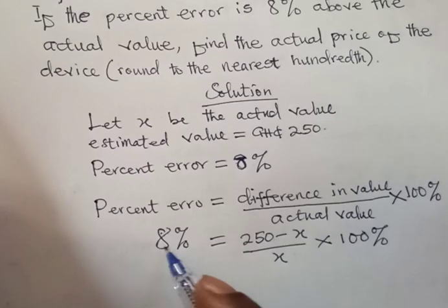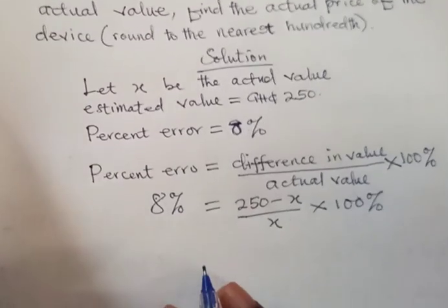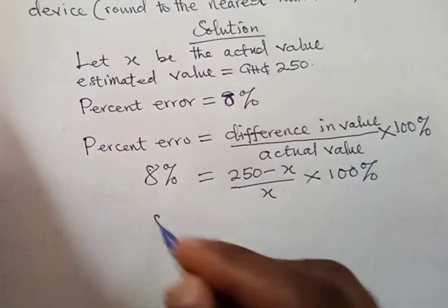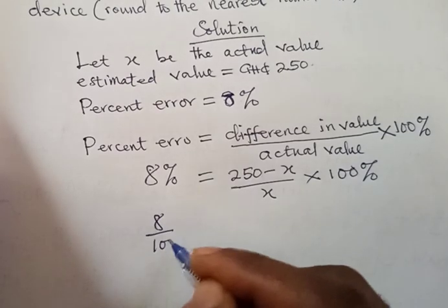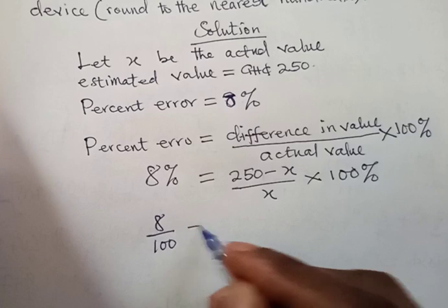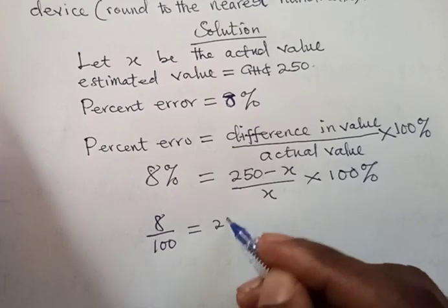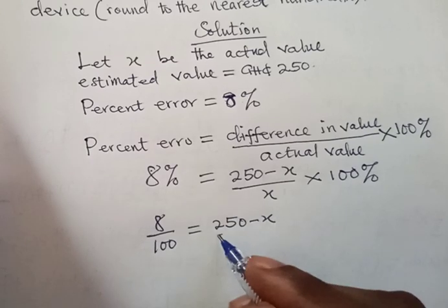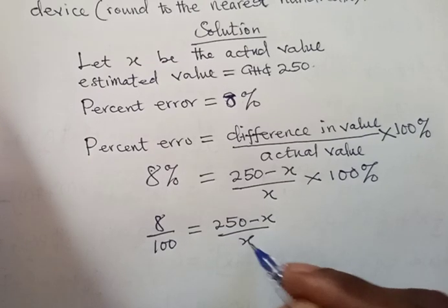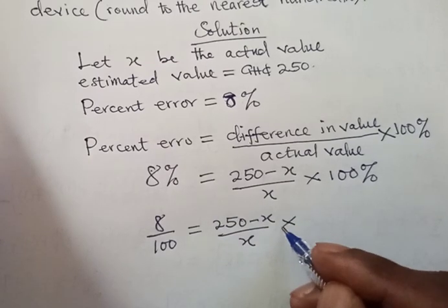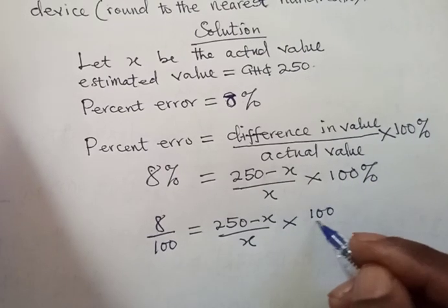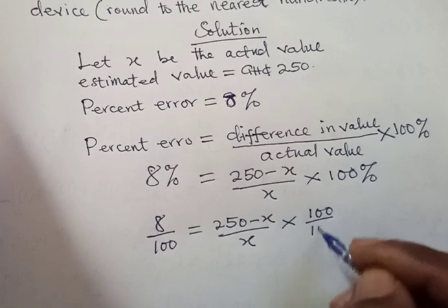Now, know that we can write this as 8 divided by 100, which is equal to 250 minus x, all divided by x, times 100 divided by 100.